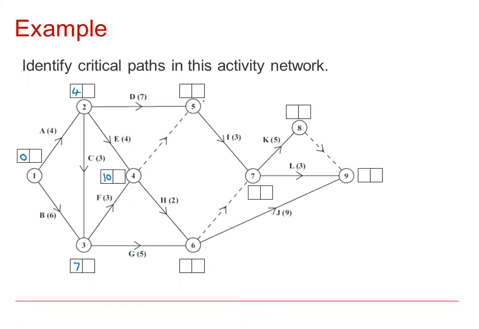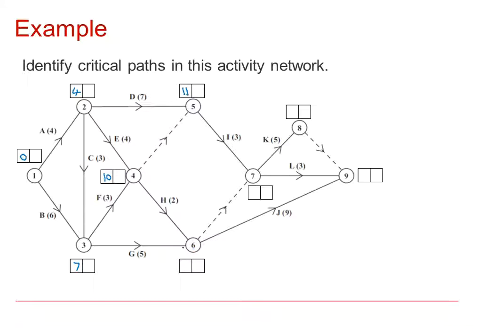The earliest that this event can happen is the completion of D, which is 11, or the completion of C and F, which along the dummy would be 10. In order to complete C, F, E and D, I would need 11 units of time.